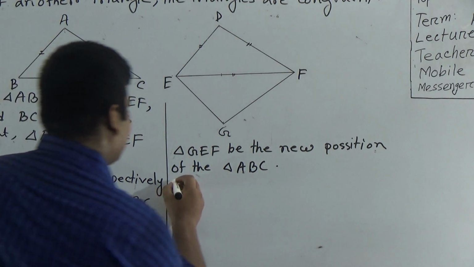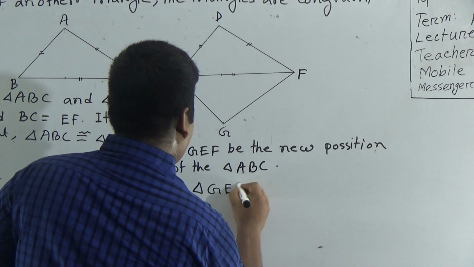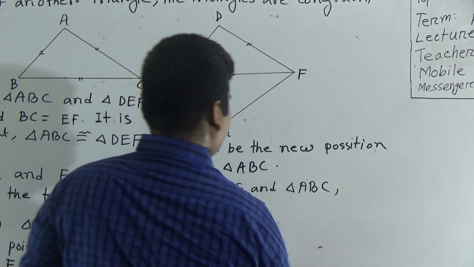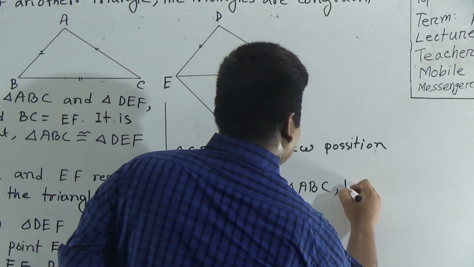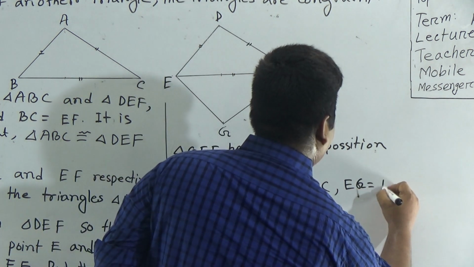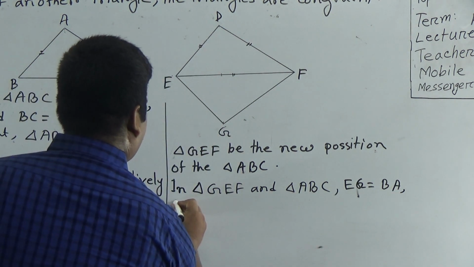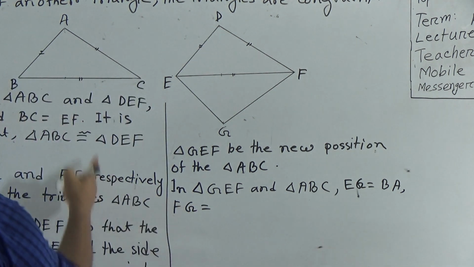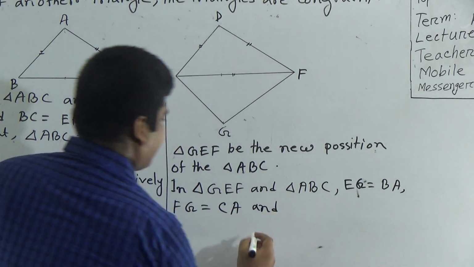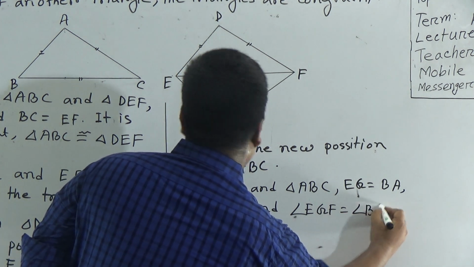Now we write that in triangle GEF and triangle ABC, EG equal to BA, then FG equal to CA, and angle EGF equal to angle BAC.